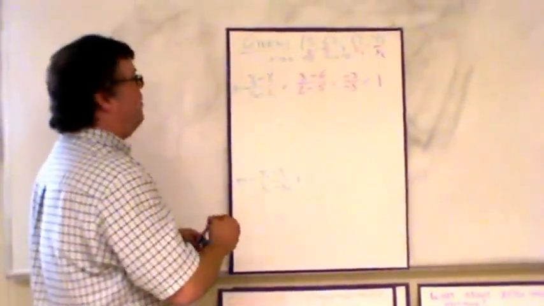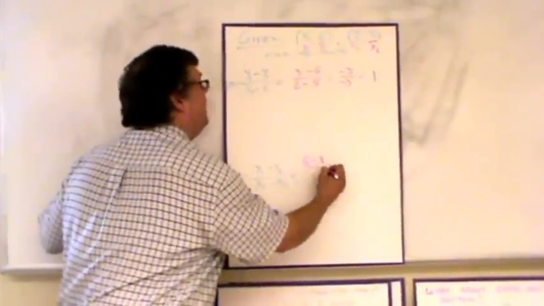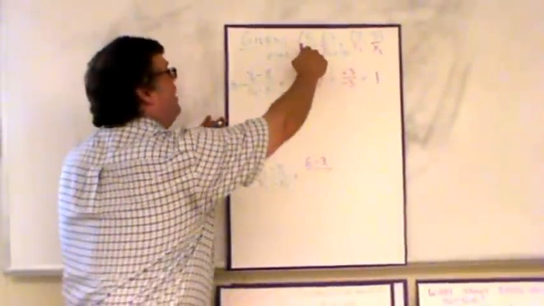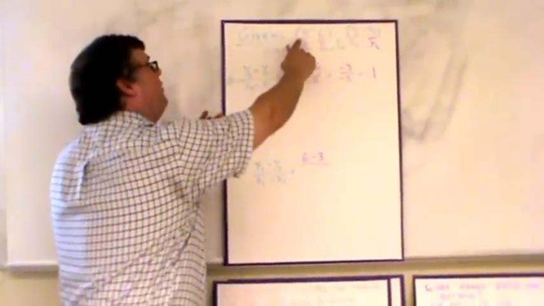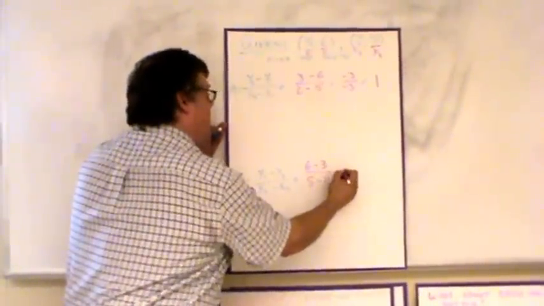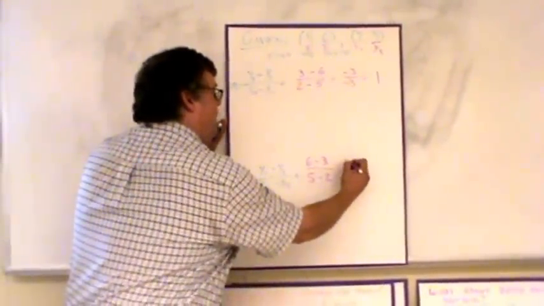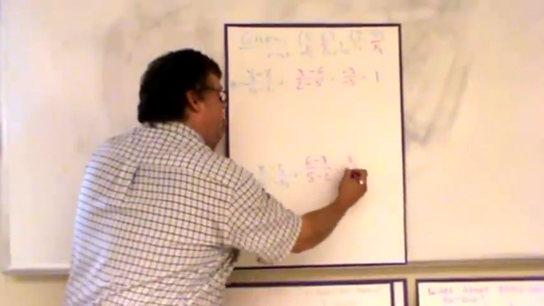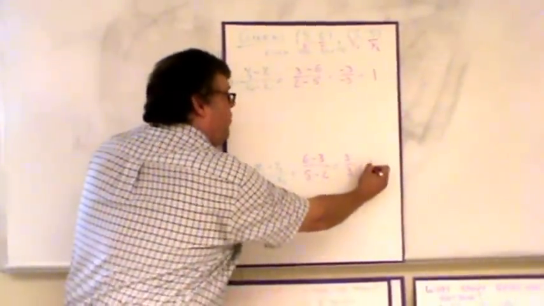If we switch the order around and do 6 minus 3, which is the y1 minus the y2, we have to start with the x1, 5 minus 2 on the bottom there. x1 minus x2. We still get 6 minus 3 is 3, 5 minus 2 is 3, 3 over 3 is 1.